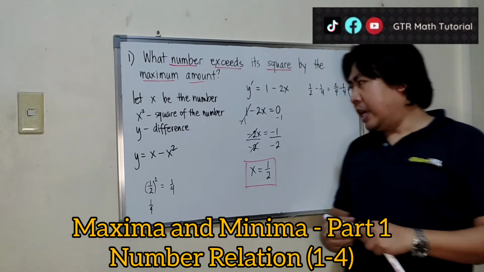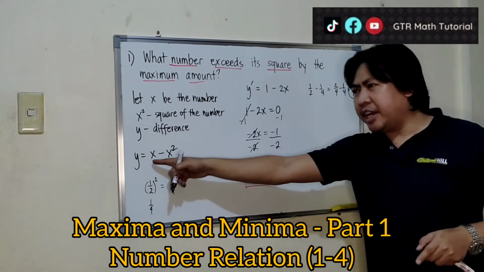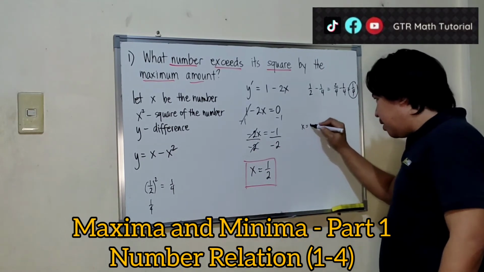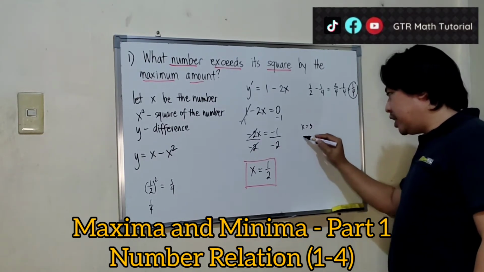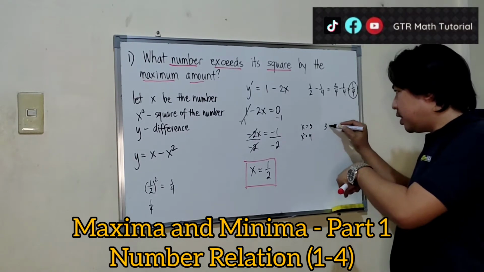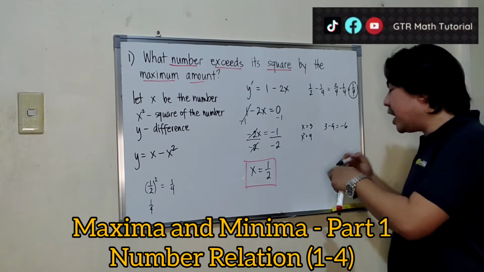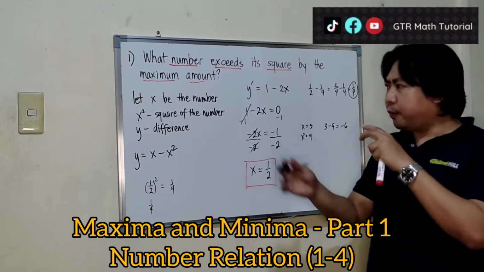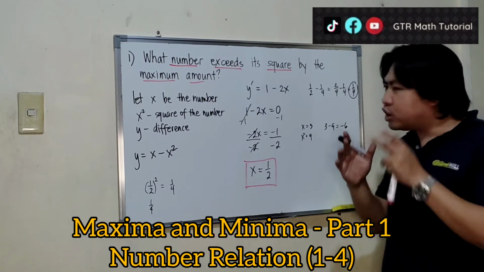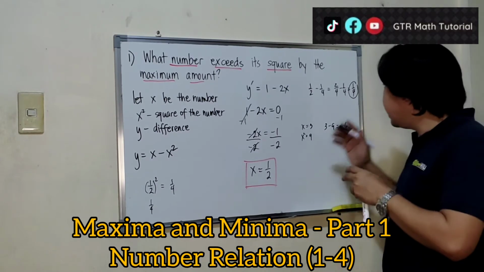Let's verify further. Let's say the number is a whole number, let's say 3. Its square, x squared, is equal to 9. If we subtract that, 3 minus 9, the answer will be negative 6. So if we assign any other number and subtract its square, usually the answer will become negative.